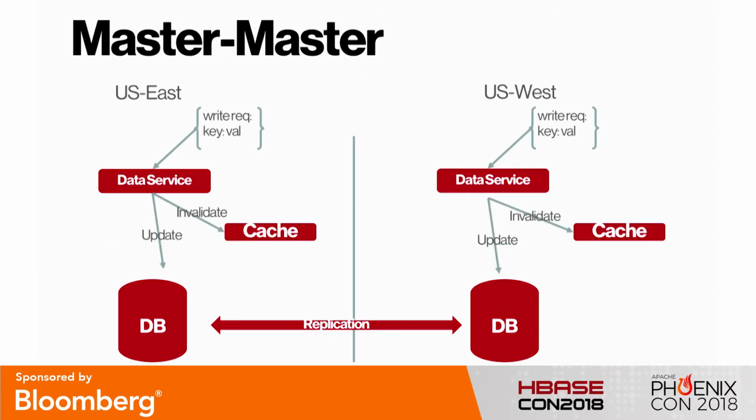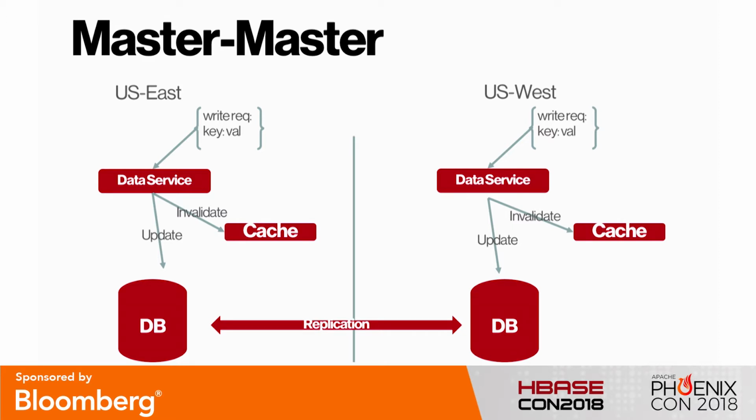We actually provide 2 patterns for different consistency levels at the table level. You can mark your table as either master-master or master-slave. Master-master, which is sometimes also called active-active, means both cells can take the write traffic. As you can see from the graph here, either US East or West will take the write traffic and pass it to the data service.